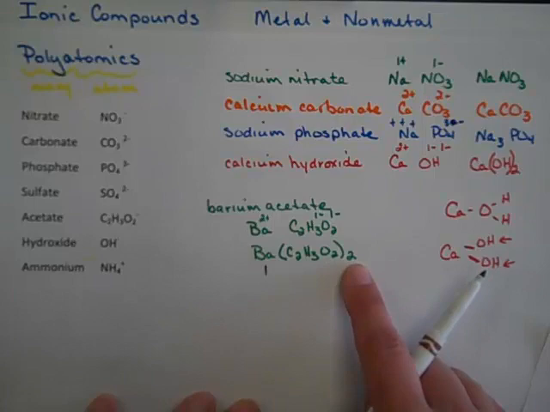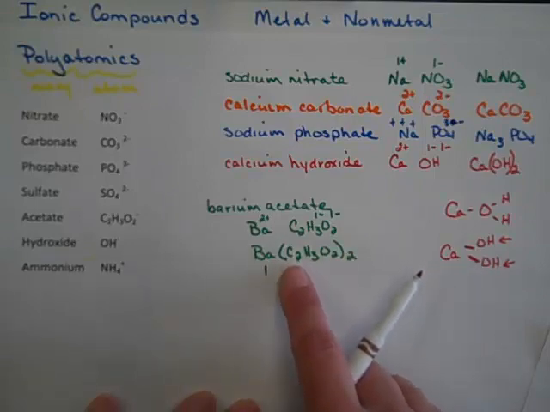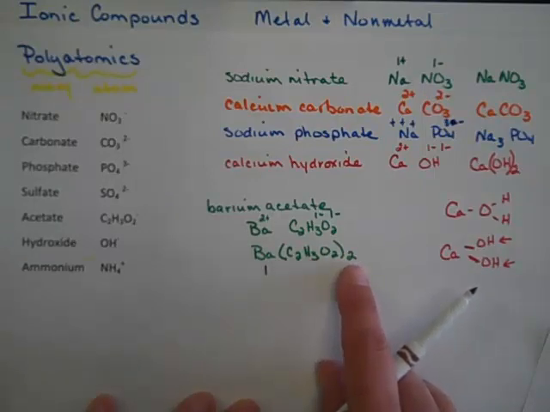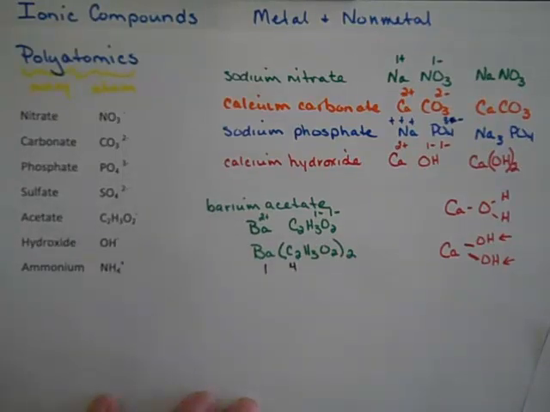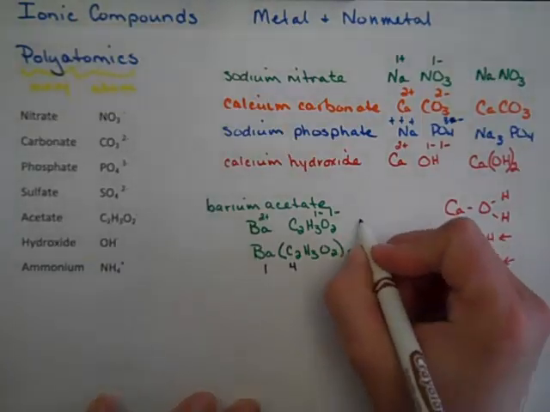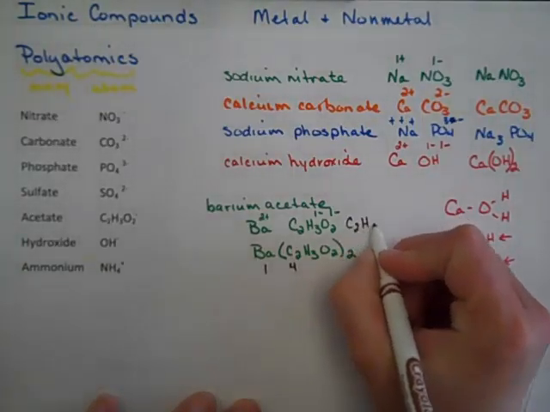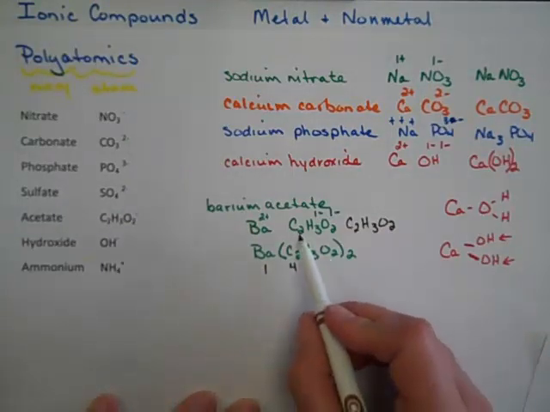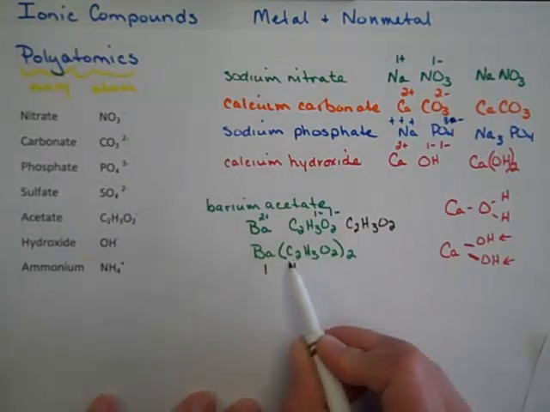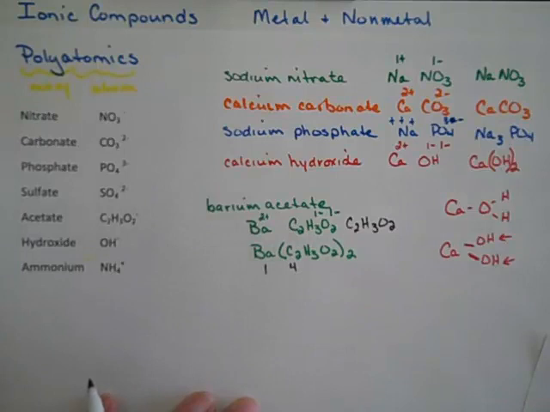If we have 2 of them, and each one has 2 carbons, we would take this 2 times 2, and we would have 4 total carbon atoms. So if we were to write out 2 acetate ions, we have 2 here, we have 2 here, we have 4 total carbon atoms.